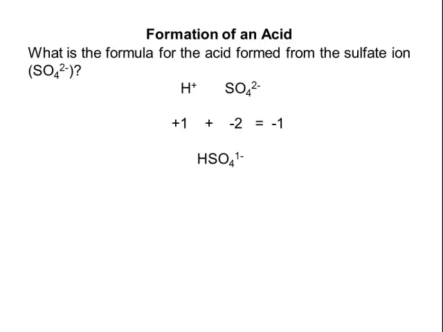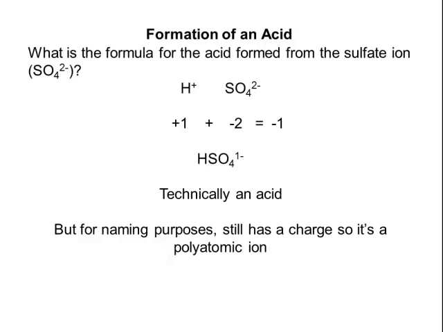But what I do end up with is HSO4 1-. Now, because I have that hydrogen attached to that sulfate ion, technically this is still an acid, okay, because it can give up that H+, which is by definition an acid. However, for naming purposes, because it still has a charge, we're still going to treat it as a polyatomic ion. So for that particular polyatomic ion, that's the hydrogen sulfate ion or the bisulfate ion.